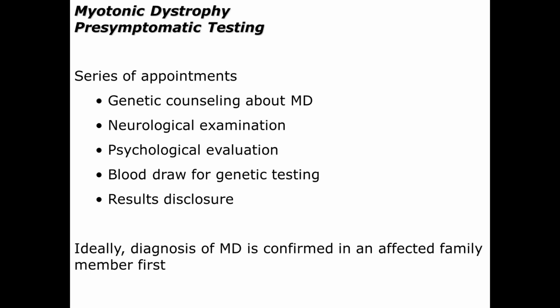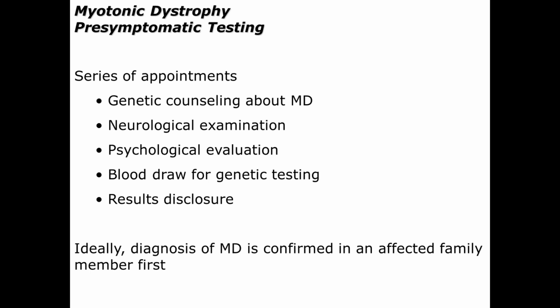But what is protected in the Genetic Information Non-Discrimination Act, if somebody were to test positive, they have protections in place for their health insurance and for their employment. So if they were to test positive, they cannot be discriminated against for their employment. So if they're up for a promotion, nobody can take into account their gene status or anything like that.